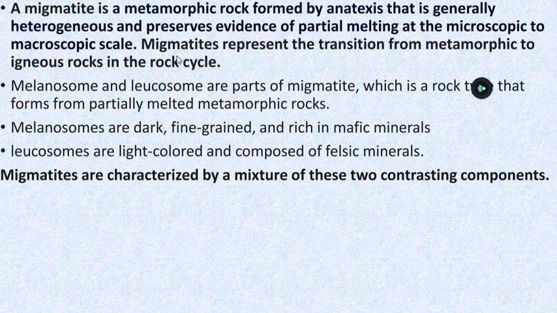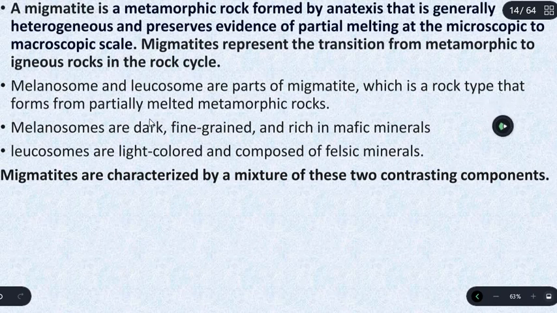Due to the partial melting there will be a viscosity contrast, and due to the viscosity contrast there will be banding, some dark bands and some very light bands. So melanosome and leucosome are parts of migmatite, a rock type that forms from partially melted metamorphic rock. Melanosome is dark, very fine grained and rich in mafic minerals. Leucosome is very light grained and composed of felsic material. So migmatites are characterized by a mixture of two contrasting components.